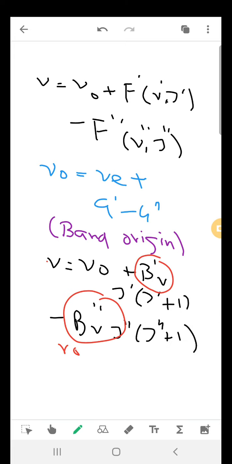So the rotational constants for the two states, for the upper and the lower states. So the selection rule is ΔJ = ±1.